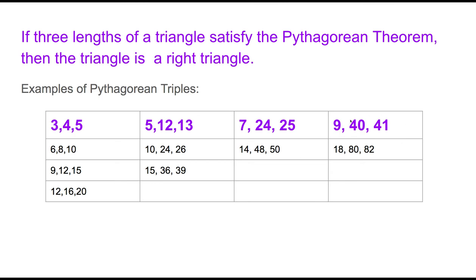In each triple, there are 2 odd numbers and 1 even number. In each triple, the smallest number is an odd number. And if I square that smallest number, how does it relate to the other 2 numbers together?